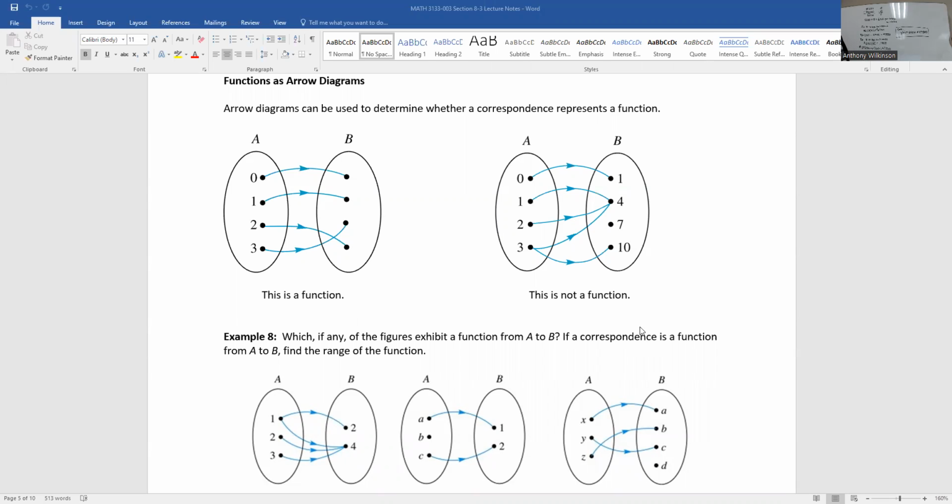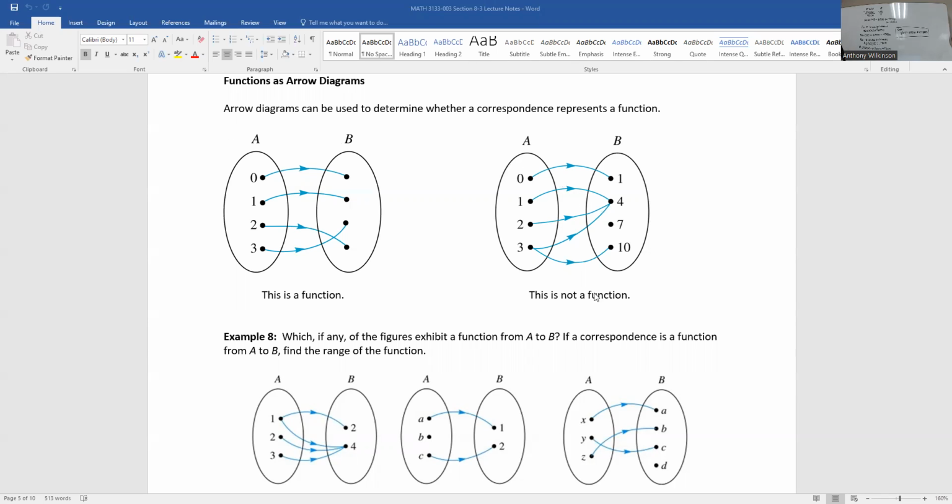Arrow diagrams can be used to determine whether a correspondence represents a function. The one on the left does represent a function because notice you only have one value in mapping A going to only one dot in mapping B. So this function is a mapping from A to B. Those arrow diagrams can be called mappings.